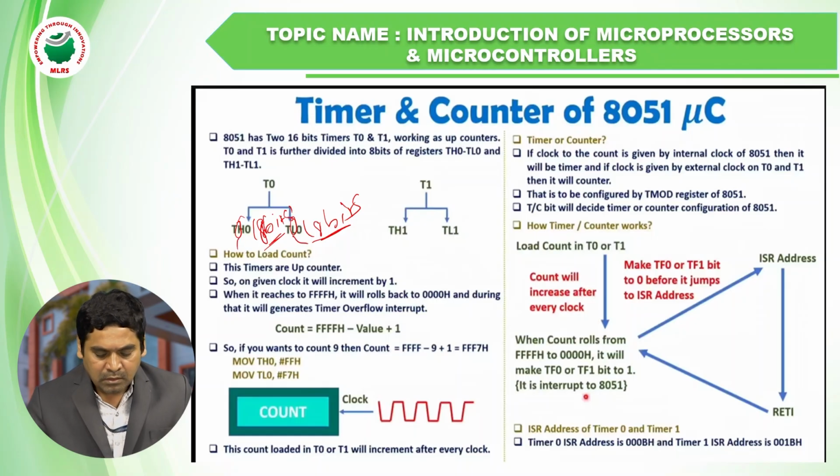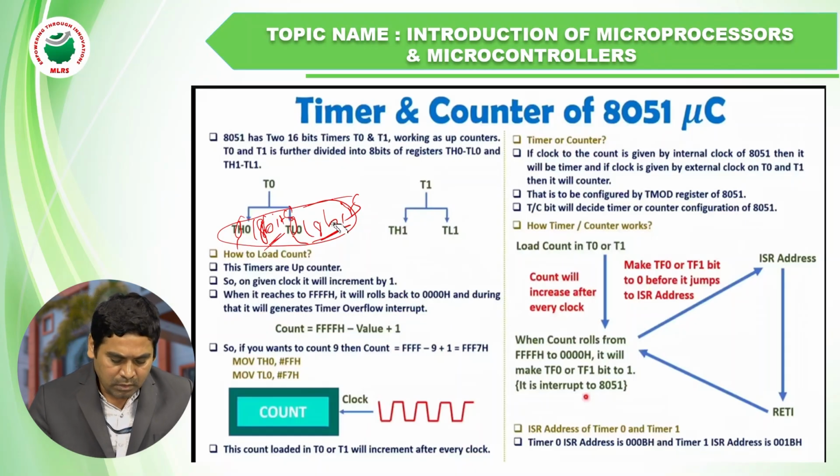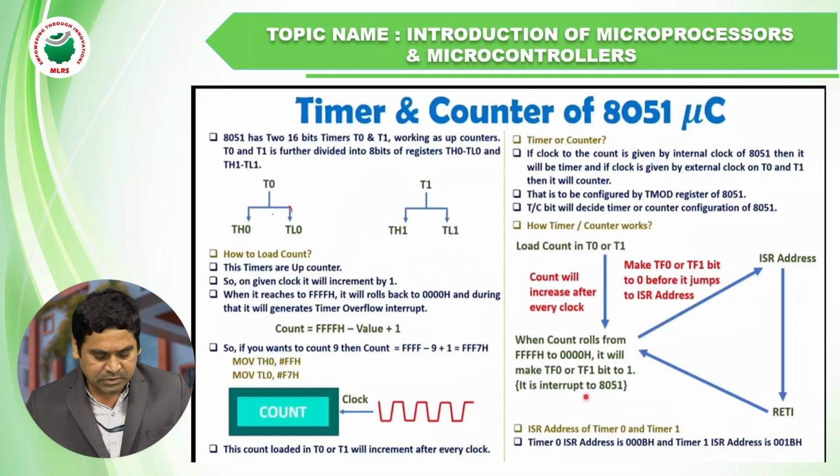The combination of TH0 and TL0 is timer 0 of 16 bits. So how do we load the 16-bit count with TL0 and TH0? TH0 is an 8-bit register, TL0 is an 8-bit register, and T0 is a 16-bit register.